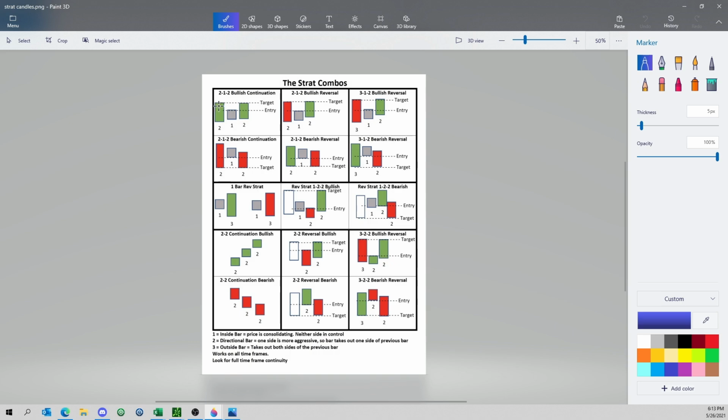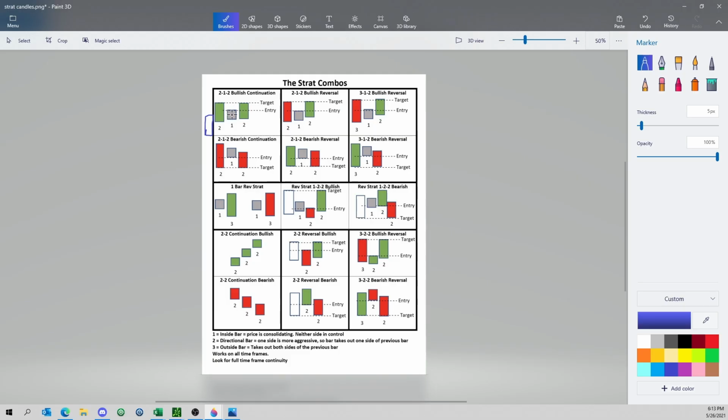We'll start up here in the top left, a 2-1-2 continuation. So this was a 2 candle. The other candle before it would have been below, because this broke the top. It's a bullish candle, formed a 2 up. The next candle, we love these 1 candles. So inside, right?